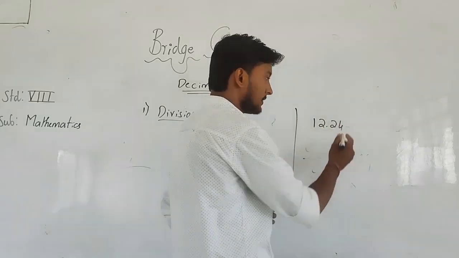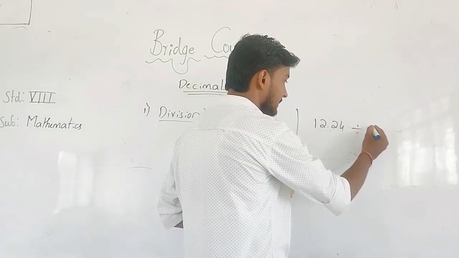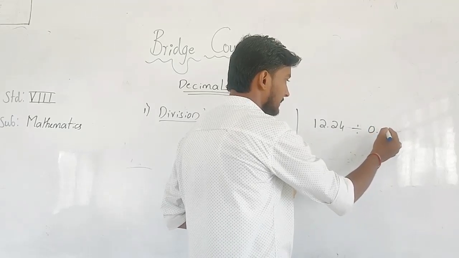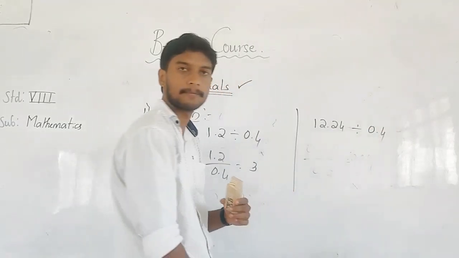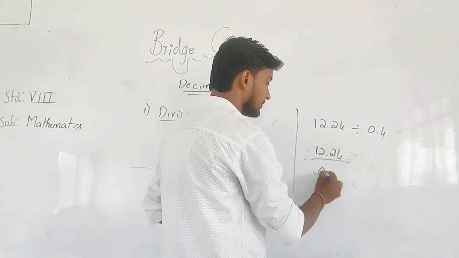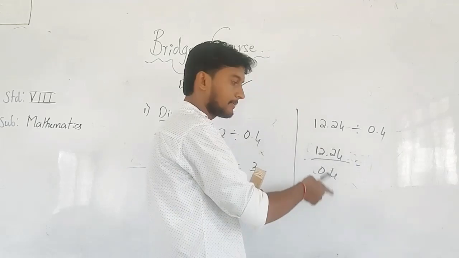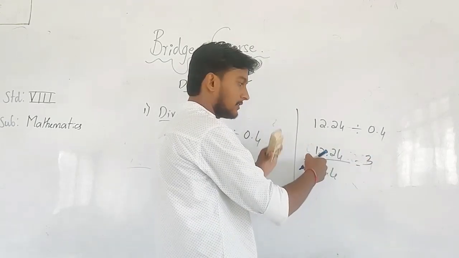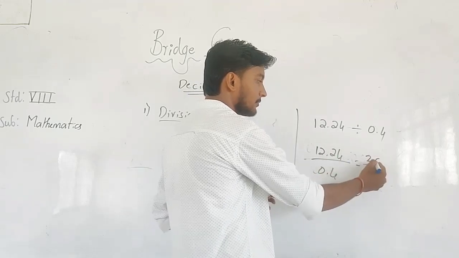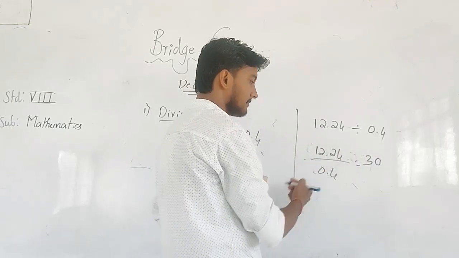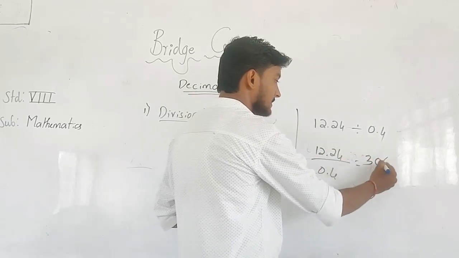One more example. 12.24 divided by 0.4. First you have to divide by 4. 4 3s are 12. Totally we can cancel. Next we are having 2. Put a 0 and consider the next number, 24. 4 6s are 24.